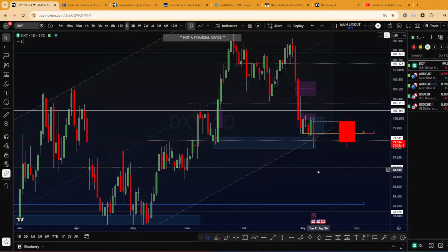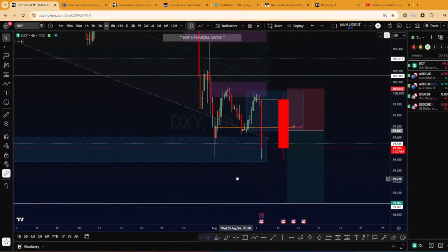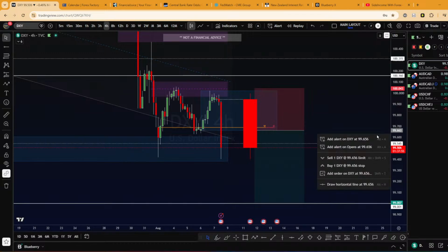This is my target. But if price breaks this high, this will invalidate my trade idea on USDCHF and USDCAD. So I'm still looking to sell.